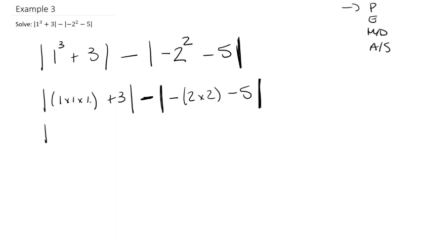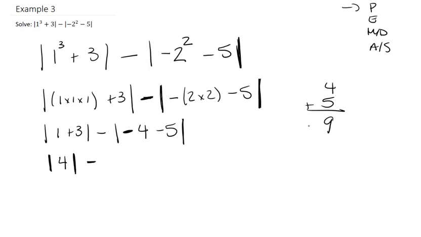We have 1 times 1 times 1, so that's 1 plus 3. Now we have the negative sign, we need to leave that out there, and 2 times 2 is 4. So we have negative 4 minus 5. So the first number becomes 4, minus, now we have this negative 4 minus 5. We can just go 4 plus 5, which is 9, but they're both negative, so it's negative 9. We're going to leave that as is.